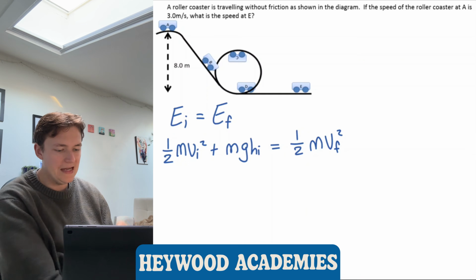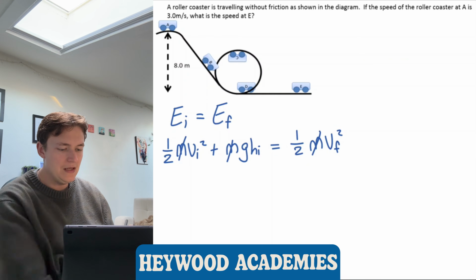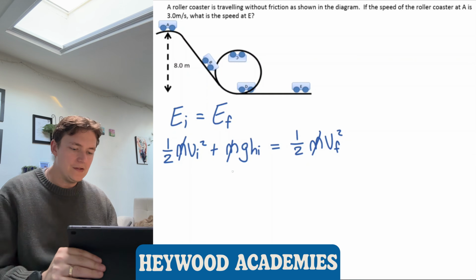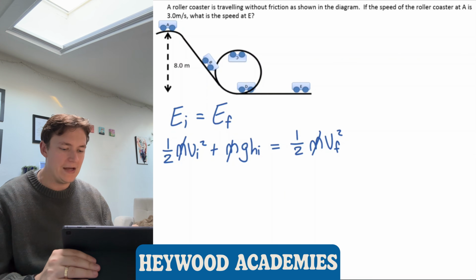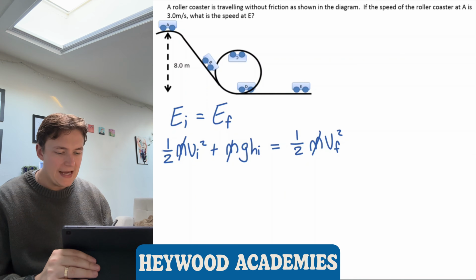Okay, so same as last time, divide both sides of the equation by mass and get rid of it. Gone from the equation. Then this will make this a little bit easier to solve. We can also multiply everything by 2. So we've got this v final that we're trying to solve for. If we multiply everything by 2, 2 times 1/2 is going to disappear, so it'll cancel itself out, so it'll just be vi squared.